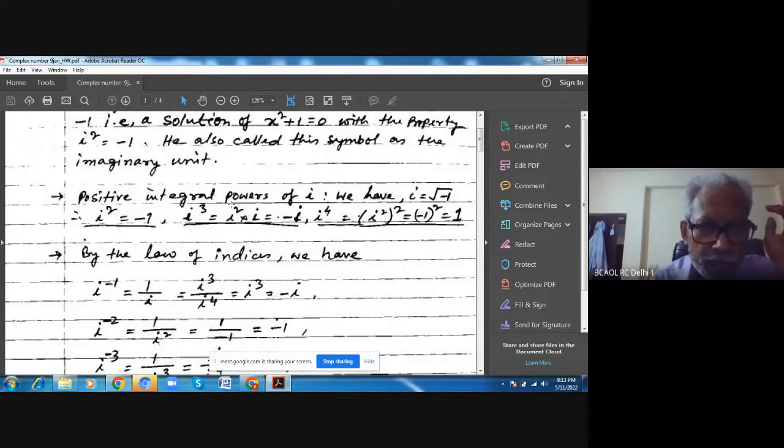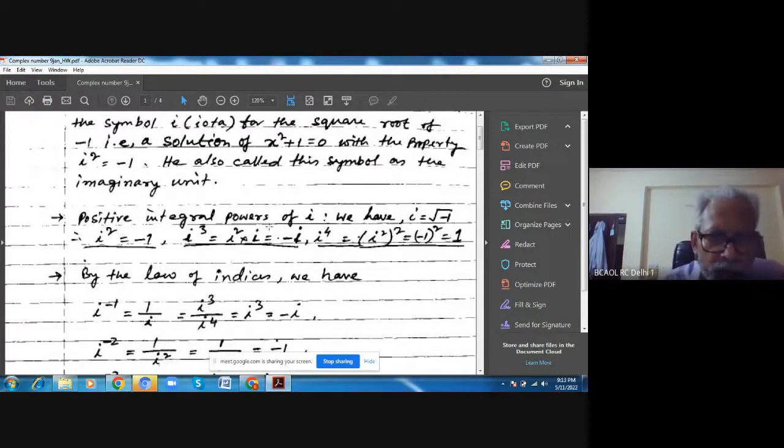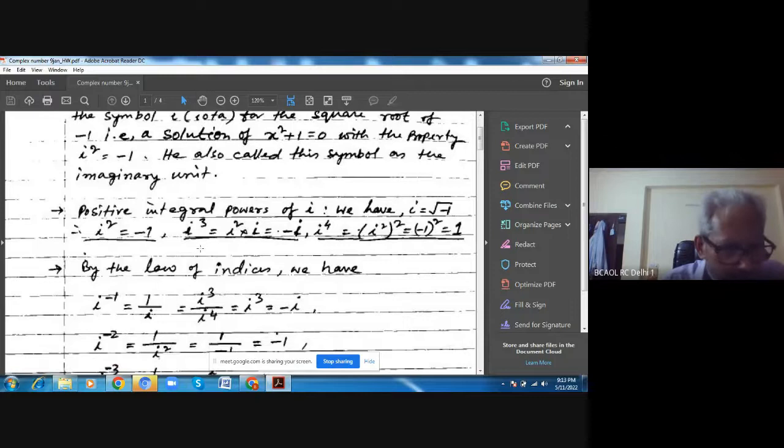So it is minus iota. If iota 4 is there, you can break it up this way: iota square, then further square. So -1 square, so ultimately the result is 1. So this is the basic idea.